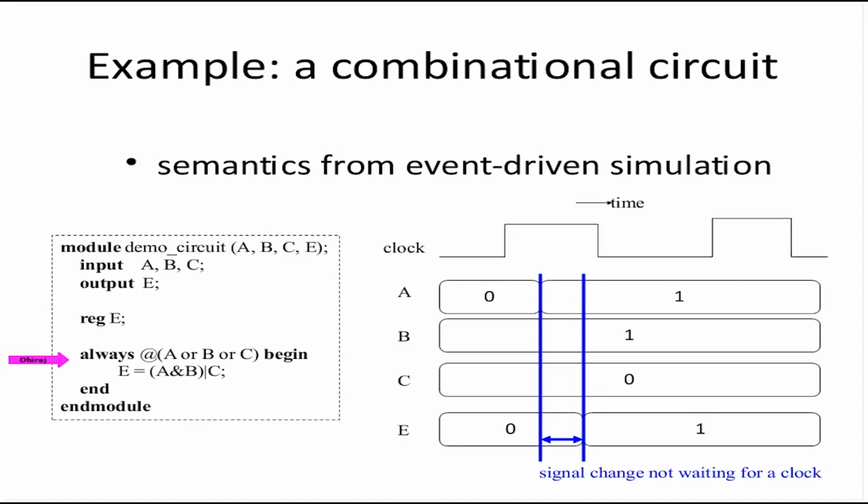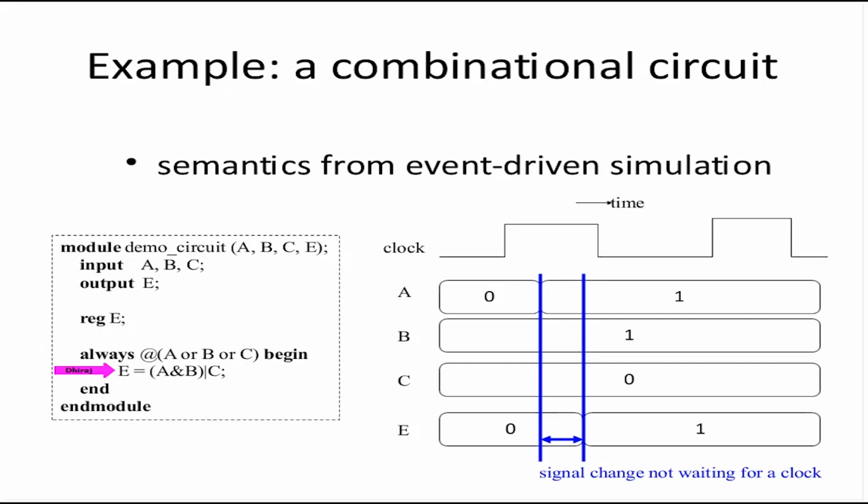But synthesis, since it knows E is equal to A and B or C, this line will tell the design compiler whether this code is sequential or combinational. Now it knows that it's combinational, and it will just implement this.